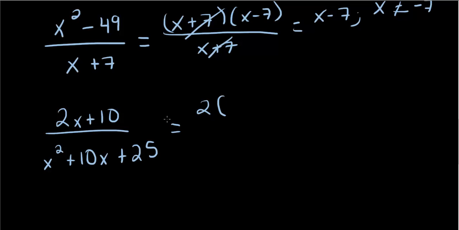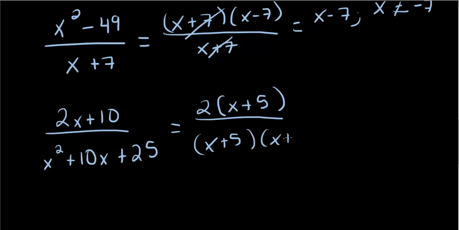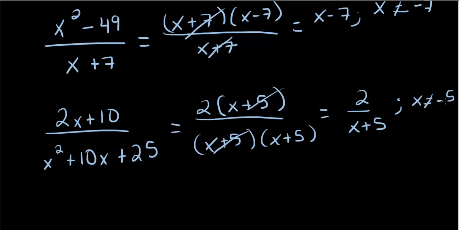Again, you can pause the video, work on it on your own, and unpause it once you're done working on the problem. So it's going to be 2 times x plus 5 over x plus 5 times x plus 5. So an x plus 5 cancels out. It will be 2 over x plus 5, and x is not negative 5.